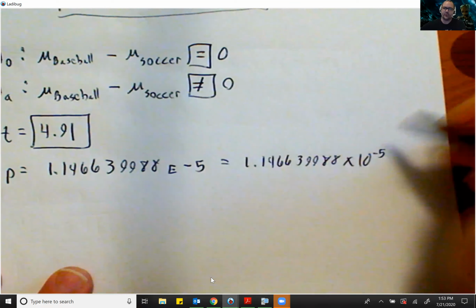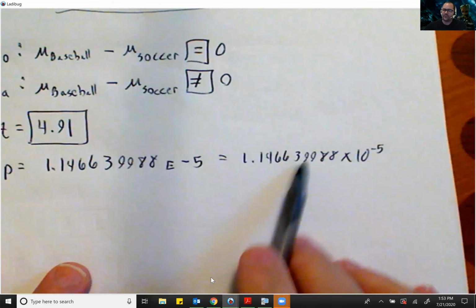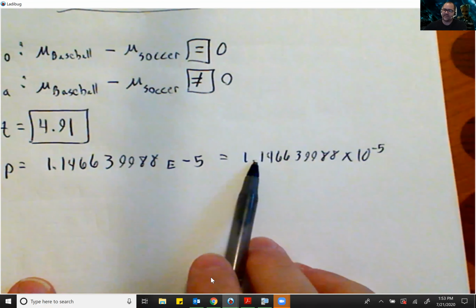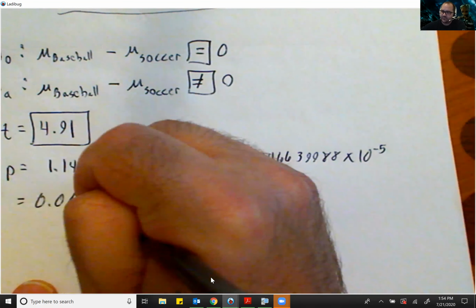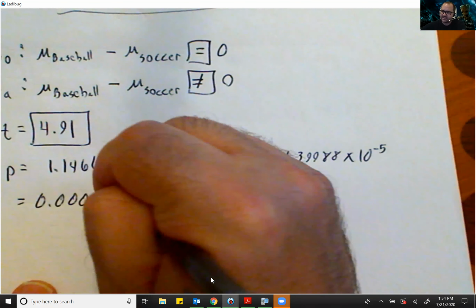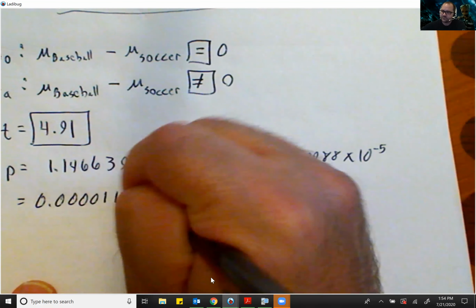That means that this is a really, really small number, that we just need to move this decimal 5 places to the left, and that's the real p-value, which looks like this if we move the decimal 5 places to the left. Because the decimal's right here, 1, 2, 3, 4, 5. This is the real p-value.